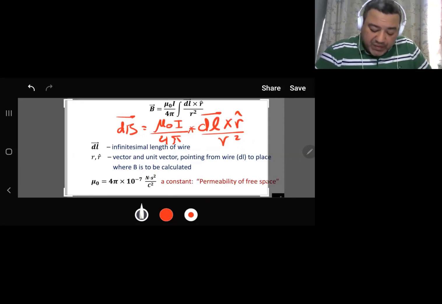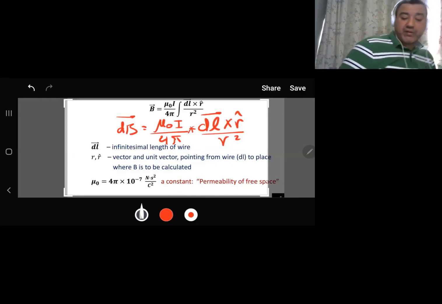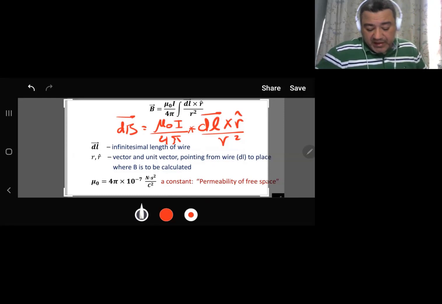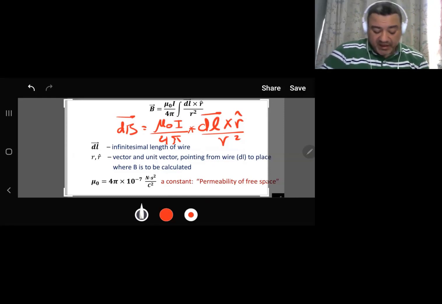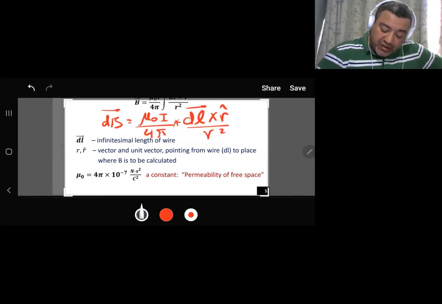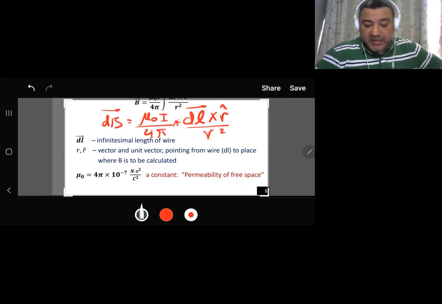It's the displacement vector, and R hat is the unit vector of that displacement vector. The differential element dl is a bit different here because it is a vector, not a scalar. And mu naught is the permeability of free space, given as 4 pi times 10 to the power minus 7.